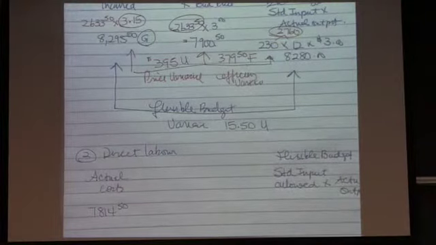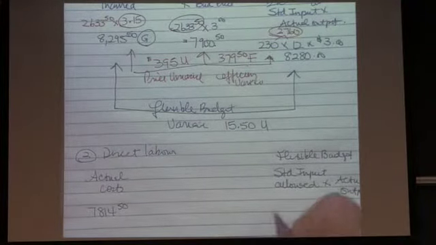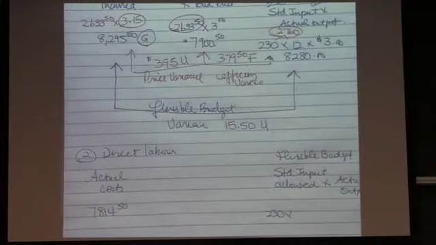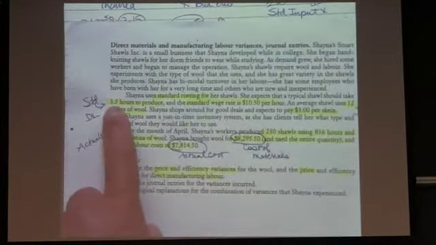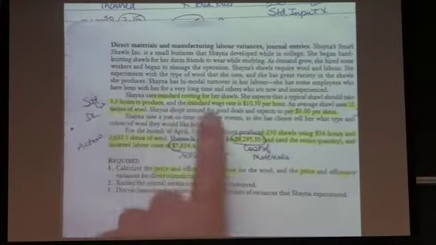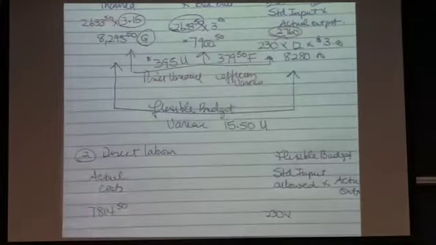So, what was my actual output? 230 shawls. What was the budgeted input for each shawl? How many hours of labor we should have incurred on a standard basis to make that one unit of product? We're told that it takes us 3.5 hours to produce one shawl at a cost of $10.50.